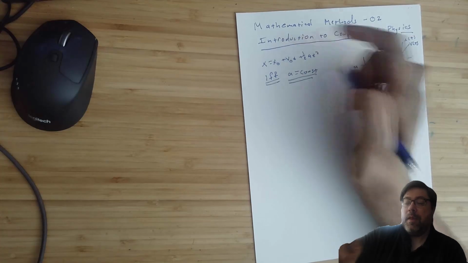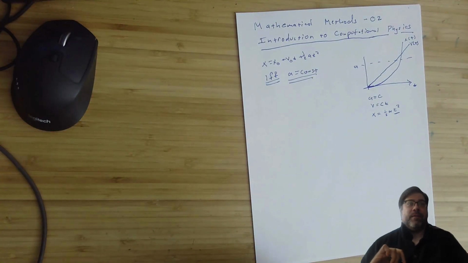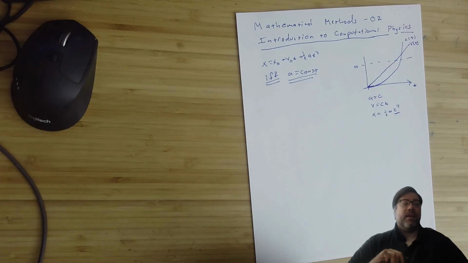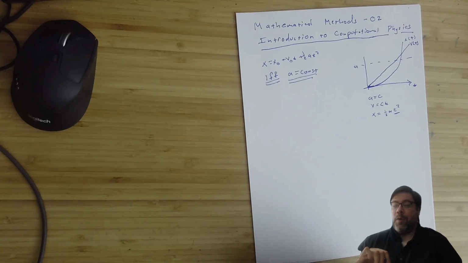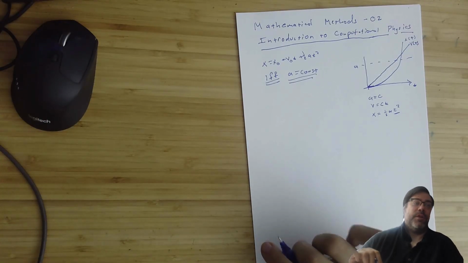So this formula is true if and only if a equals a constant. If a is not a constant, then this formula is no longer true. So if we have wind resistance, for example, or any other kind of drag or friction or change in any other of the parameters, this is not going to be true, and we'd have to do the differential equations.